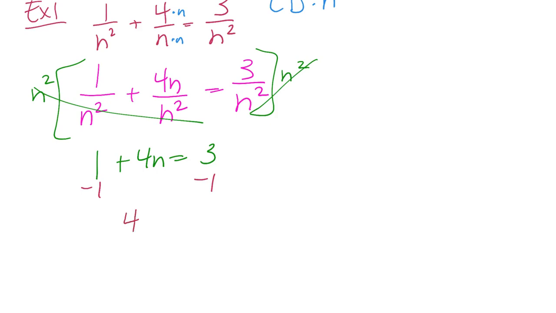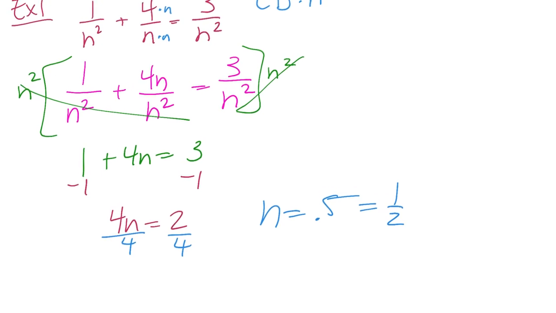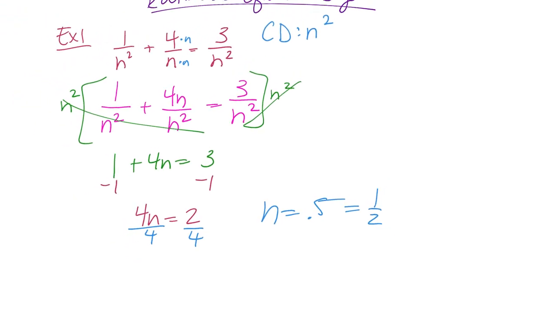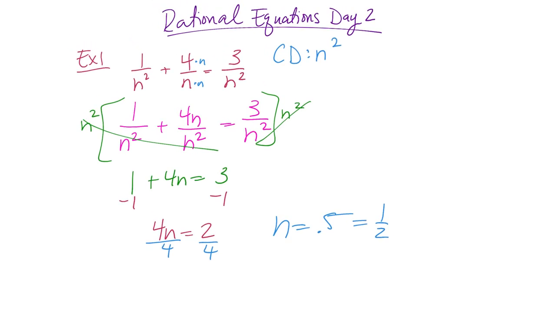So then we get 4n equals 2, divide by 4, n equals 0.5 or 1/2. Hopefully you see that while it looks a little intimidating, it's actually not that bad. It's not too difficult.